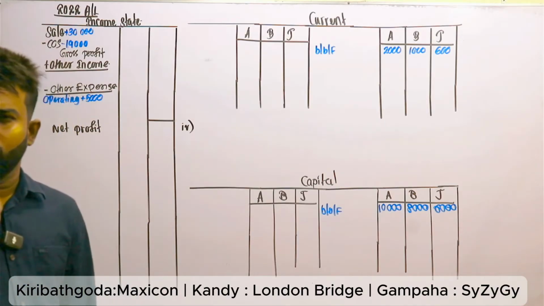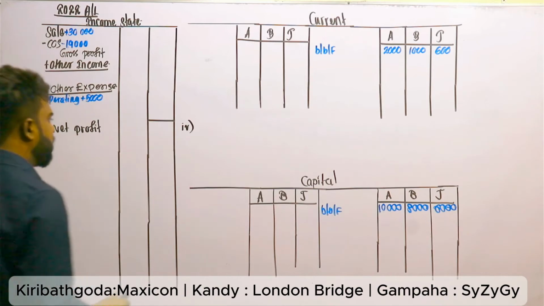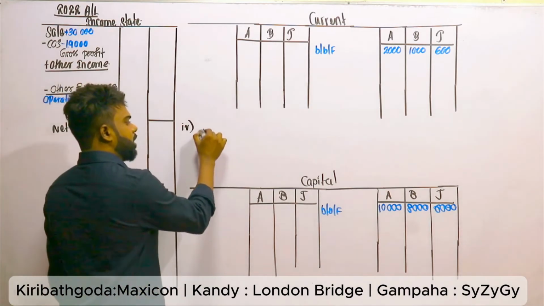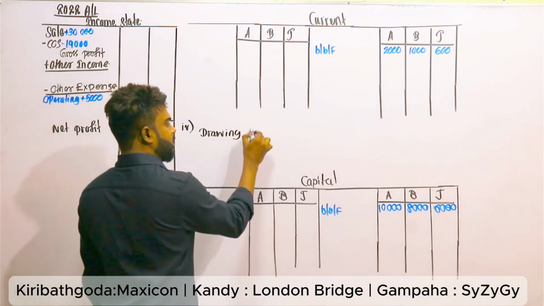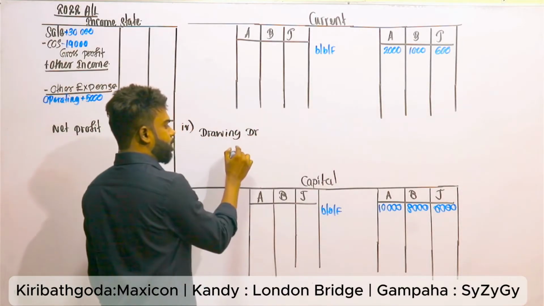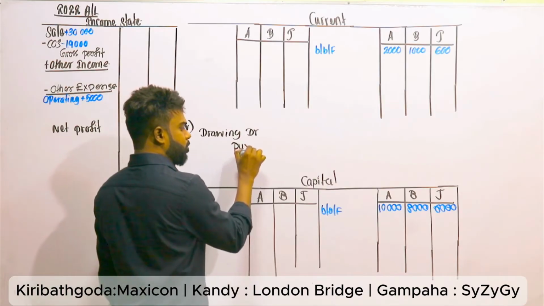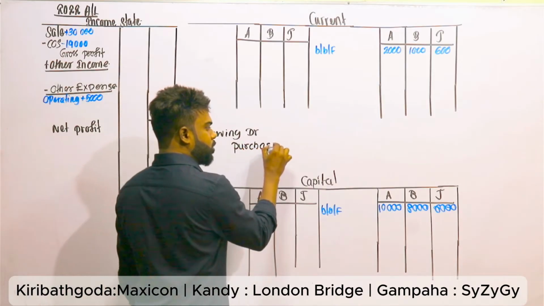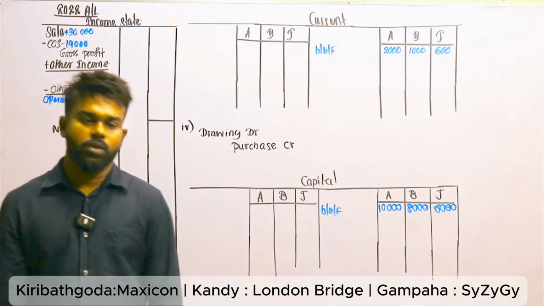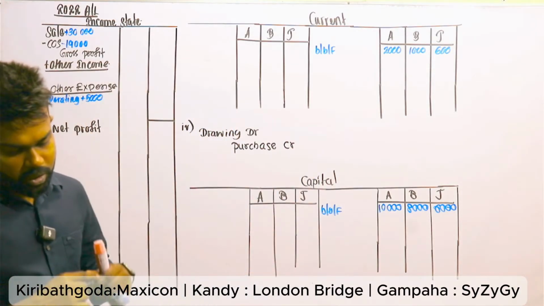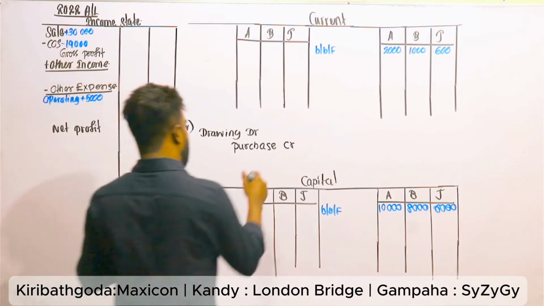Stock drawings: what is the double entry of stock drawings? Normally we have learned the double entry lesson. Drawings debit, purchases credit. Do you remember the 2020-21 question? Same as this one. Drawings of 400 from Banu.